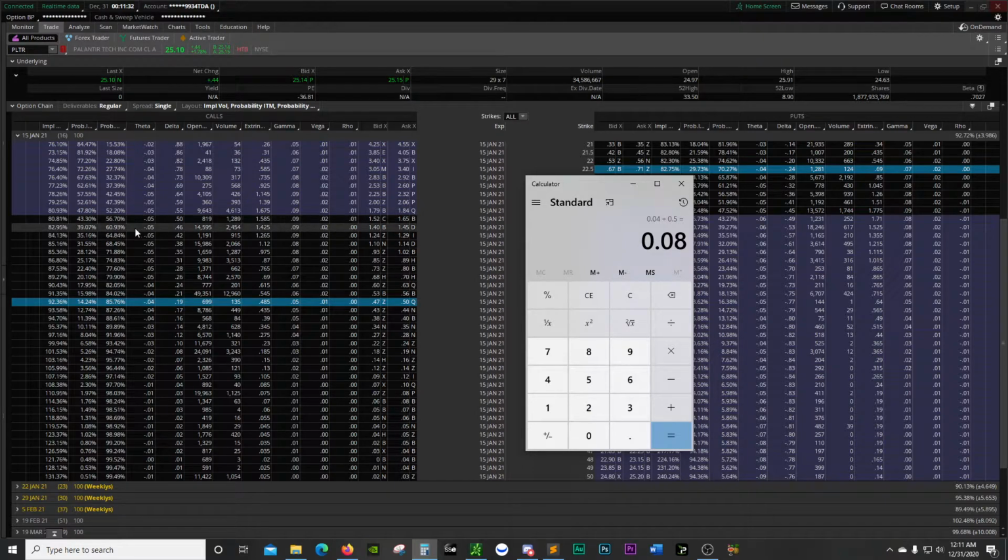So it's 3% at the money, and the further out of the money you go, the percentage of theta grows. Even though the number itself shrinks, the percent decay grows because the option contract price is much cheaper. So you have to keep in mind that whenever you're buying further out of the money, you're actually increasing your theta decay.